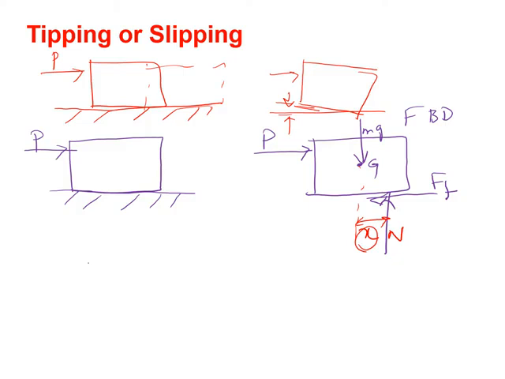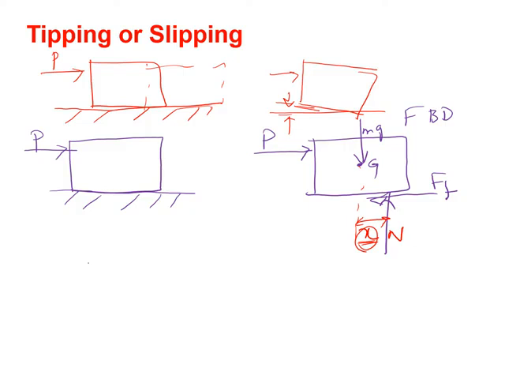Why do we apply the normal force not at the center but at a distance x from the center of gravity? Because after finding the value of x, we can determine whether tipping or slipping will occur. So from the value of x we will determine the condition. That's why a pseudo distance is assumed for the normal force acting on this rigid body.